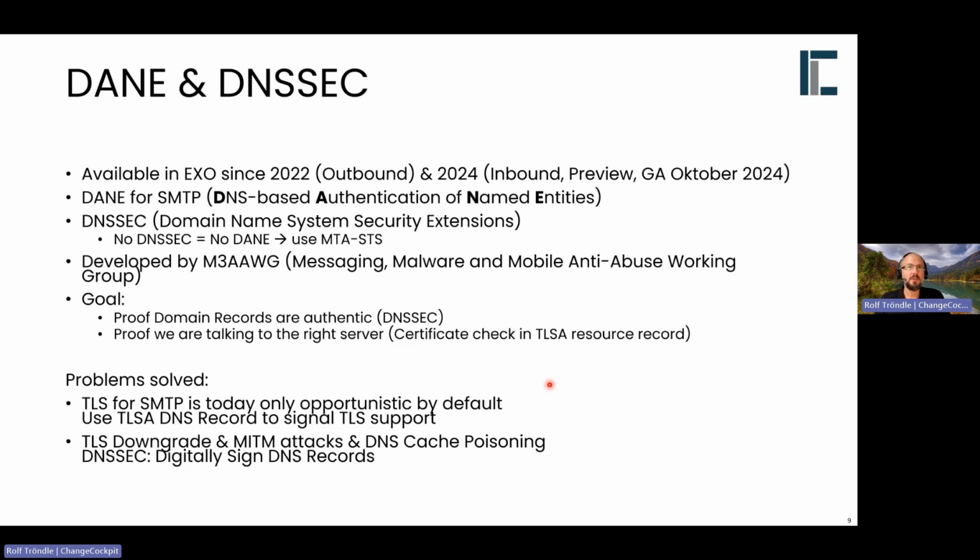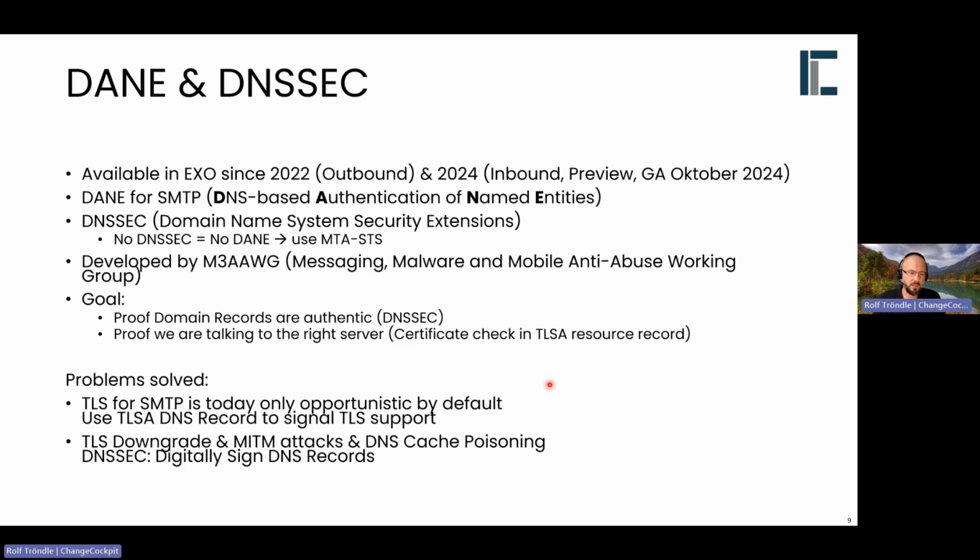And if the other system doesn't support TLS at all, because perhaps it's a very old system, then Exchange Online would even send it without TLS. So that's opportunistic. This means it will use the best possible solution, but it's not enforced to have a trusted certificate, and it's not enforced to use TLS.